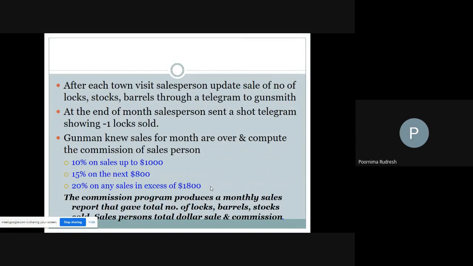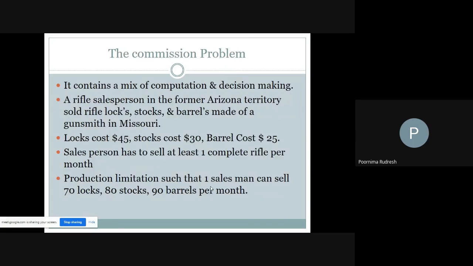After each town visit, the salesperson updates the sale of the number of locks, stocks, and barrels through a telegram. Who is the main person here? The gunsmith in Missouri is the main person, and the salesperson is reporting to him.